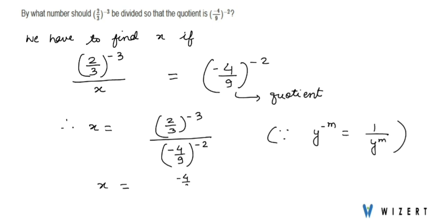So minus 4 by 9 to the power 2, and this will become 2 by 3 to the power 3 if it comes in the denominator. Now let's solve it. So x will be equal to minus 4 by 9 to the power 2 divided by 2 by 3 to the power 3.